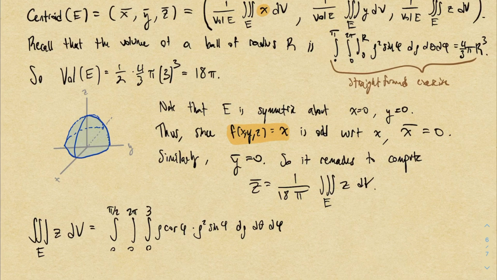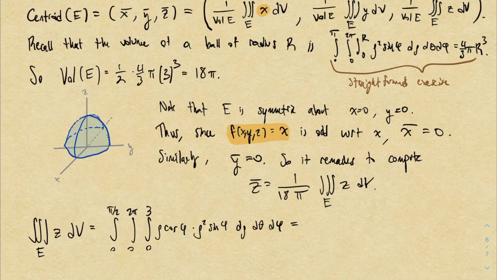Then when I convert the integrand, z is rho cosine phi. Then I have to multiply by the Jacobian rho squared sine phi. And I've got d rho d theta d phi. From here, it's a straightforward integral calculation. I'll do it relatively quickly. For example, on the inside integral, with respect to rho, we have a rho to the third.